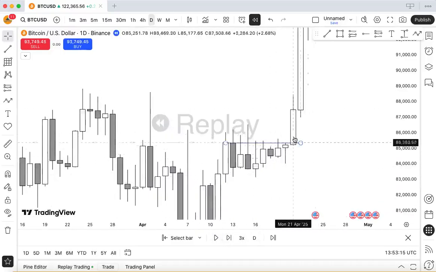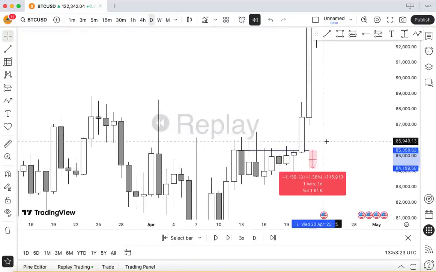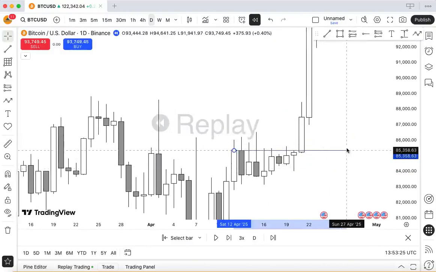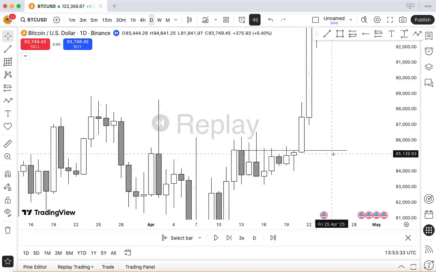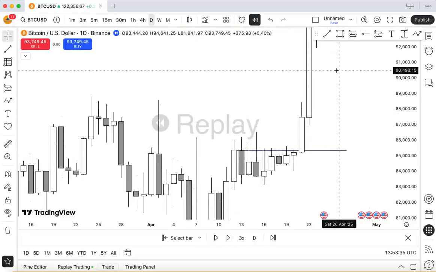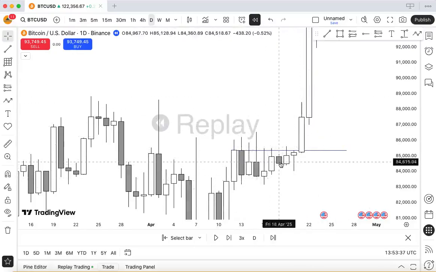Then after this candle here, it is the candle which broke it. What is this level? It is called resistance breaks becomes support. It was a resistance level, now it was broken, it is a support level now. So that is how simple it is.